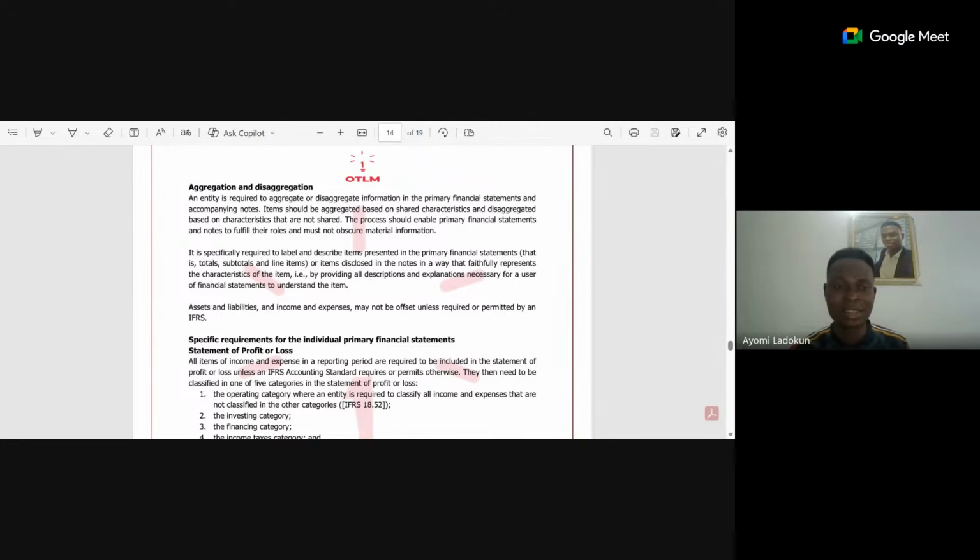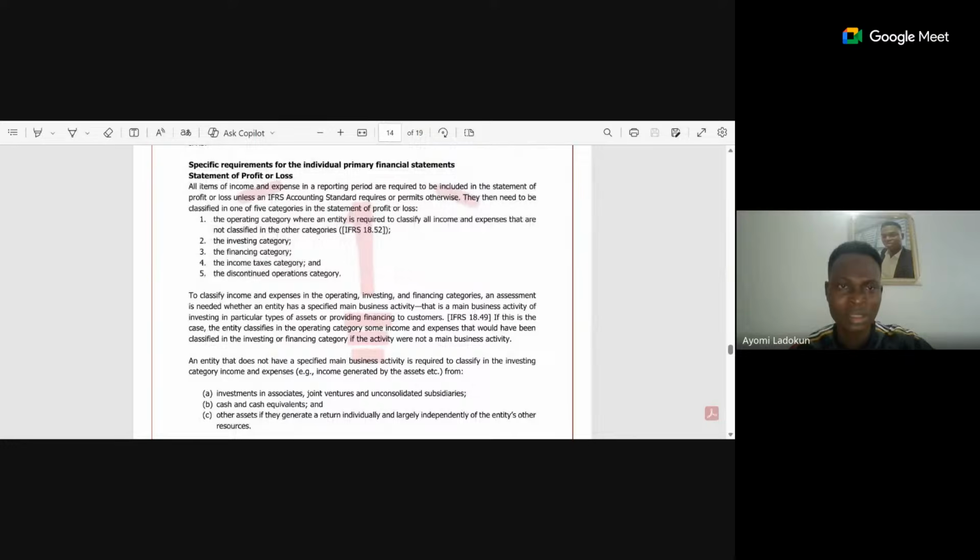But under IFRS 18, you cannot offset, even under IAS 1, except it is permitted by a specific IFRS. So if a specific IFRS permits you to offset, then it will override the requirement of IFRS 18. Okay, so just take note of that.